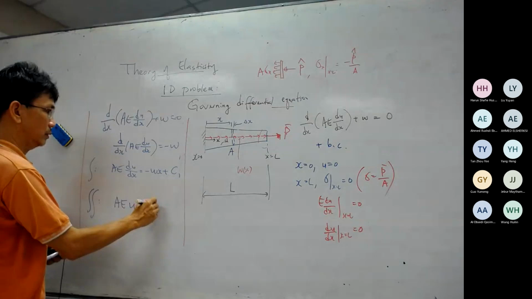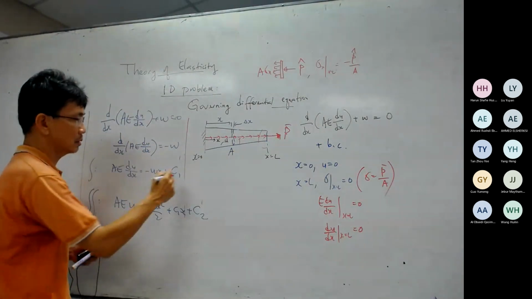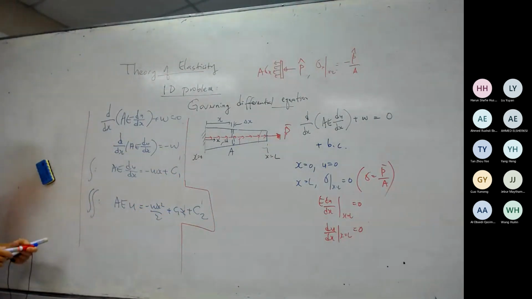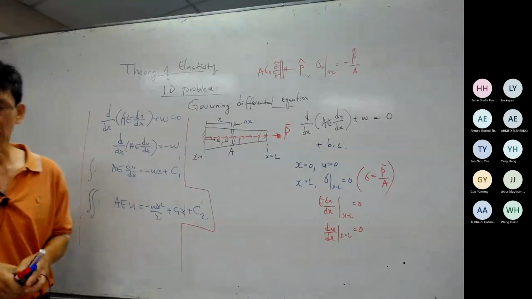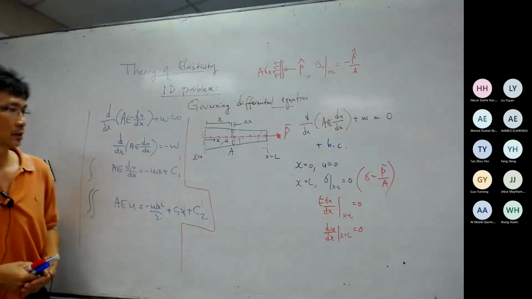So the task now is to make use of the boundary conditions to determine what C1 and C2 are. You need to look at what boundary conditions you have. The first one is related to stress, meaning that this is 0.